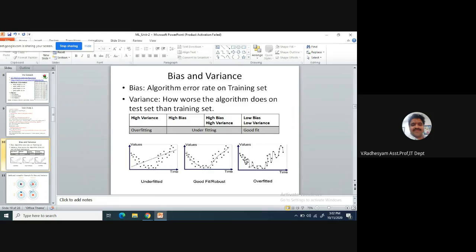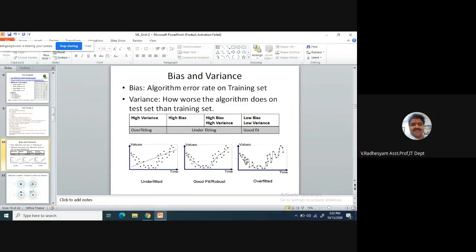Suppose in the training set you have got 90% accuracy. What is expected? Every time we will expect 100. What is the difference?